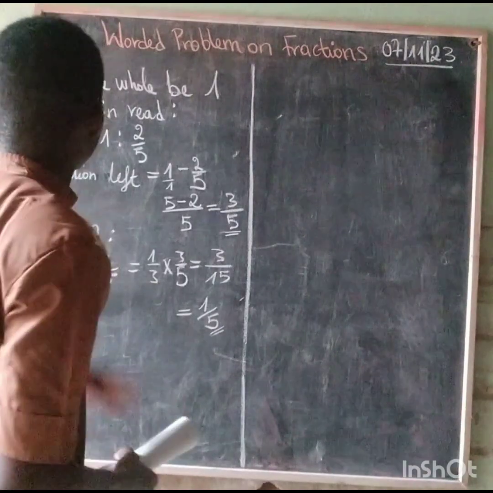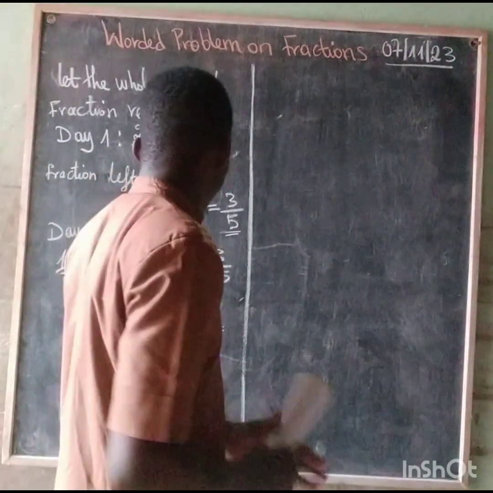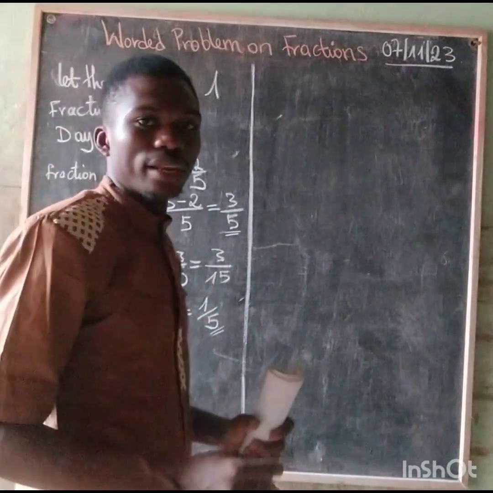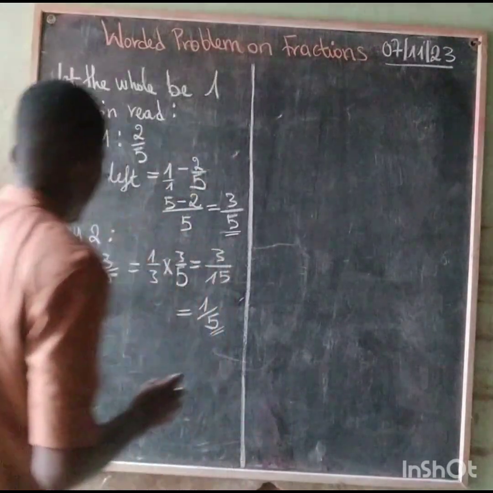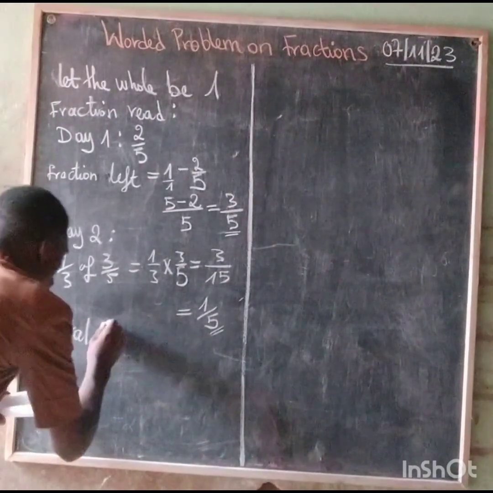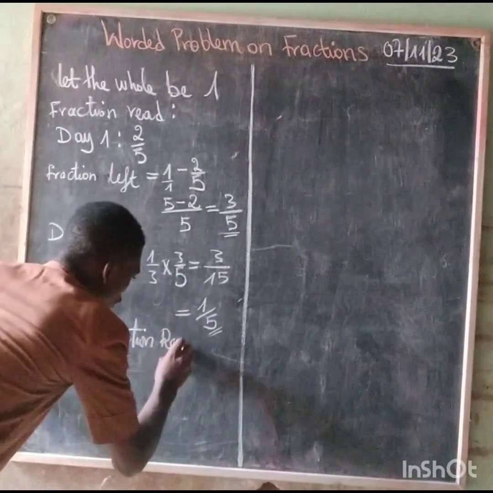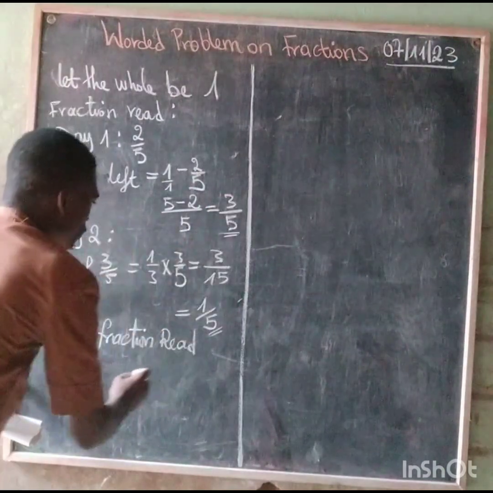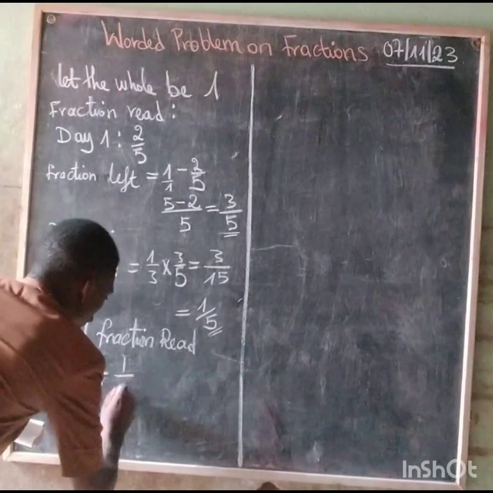So it means on day 1 he read 2/5 of the book, and on day 2 he read 1/5 of the entire book. Then now finally, let us find the total fraction read. Read on the first and second day will be equal to 2/5 plus 1/5.